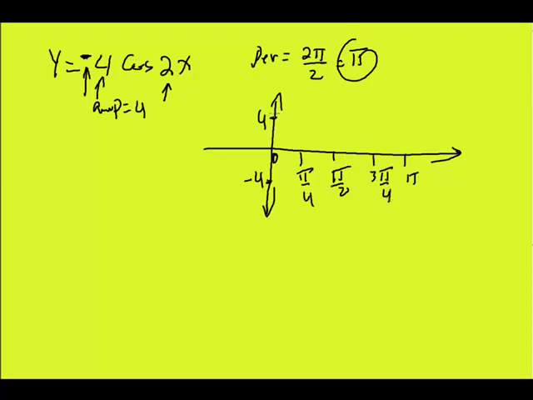Normally cosine curves start right there, but because of my negative sign, I start at the bottom. Everything is flipped. So I'm going to go up, go across the middle, so it's going to look like that. It's going to hit the peak at pi over 2, so it's going to go up to the top, and then come back down here, so back to 0, and then finally end up where I started again, right there, and then I've got to go back up.